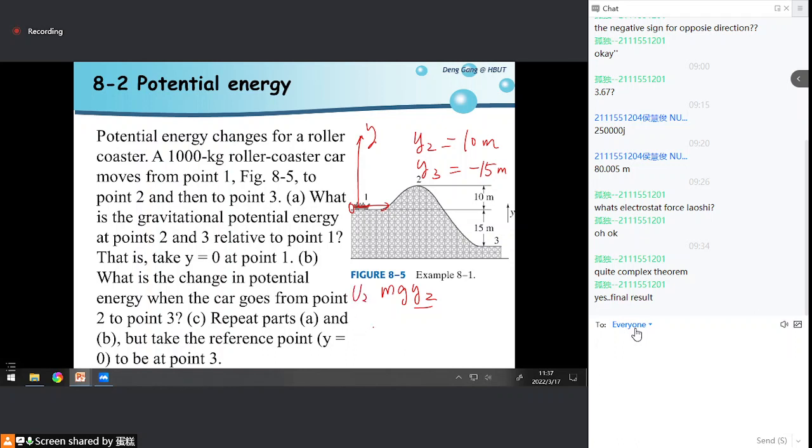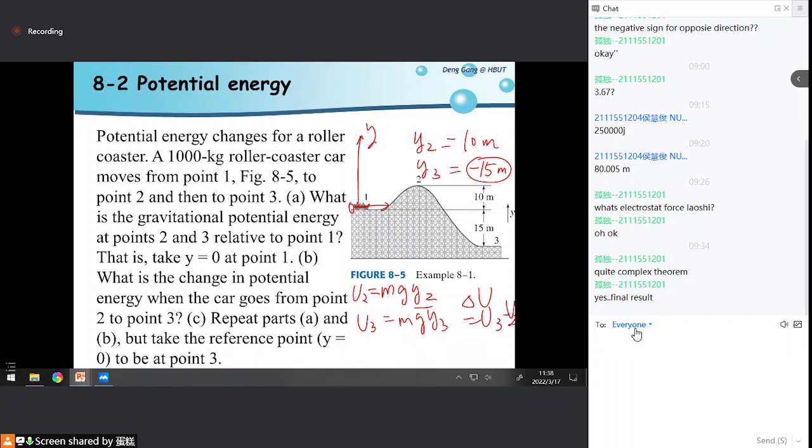U3, the potential energy at 3, should be equal to mg y3. Here my y3 is minus 15. So what's the change in potential energy from 2 to 3? That is equal to U3 minus U2.